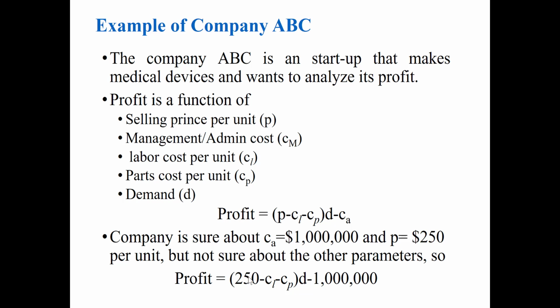Basically they are dealing with one profit function where two numbers are known and the rest is unknown. So CL, CP, and D are the variables that we don't know, and we are not sure about their value.